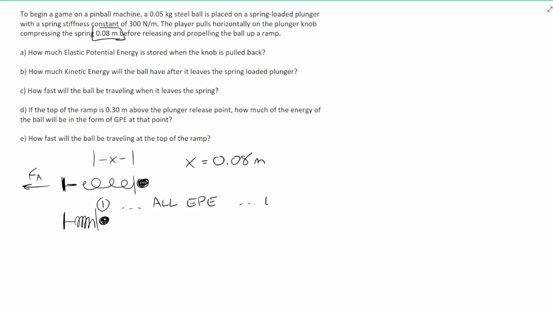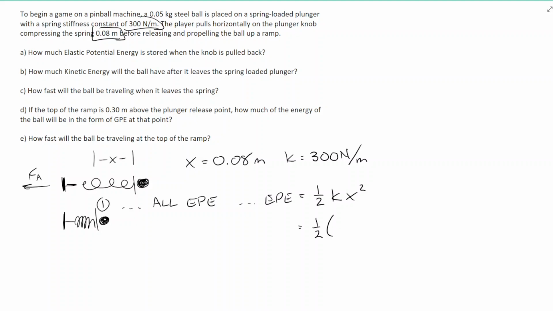And EPE as an equation is equal to 1/2 k x squared. Again, that's the work that spring could do. It's elastic potential energy. So in part A, they want to know, what is the EPE? We can simply plug in 1/2. k is the spring stiffness constant. k means 300 newtons for every full meter of pull.